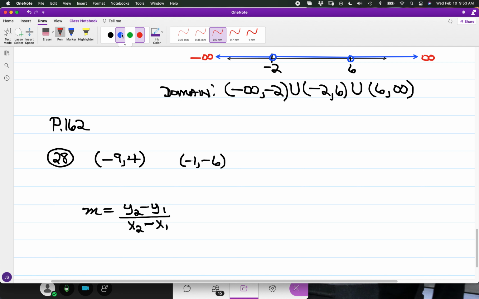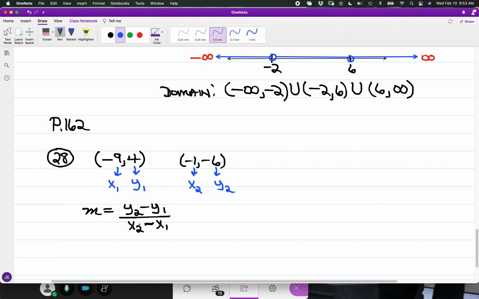We can go ahead and identify what those x and y values will be. Keep in mind that all ordered pairs are of the form x, y. We'll let negative 9, 4 be the first set, so we have negative 9 to be x1, 4 to be y1. And with the other ordered pair, negative 1 is x2 and negative 6 is y2.